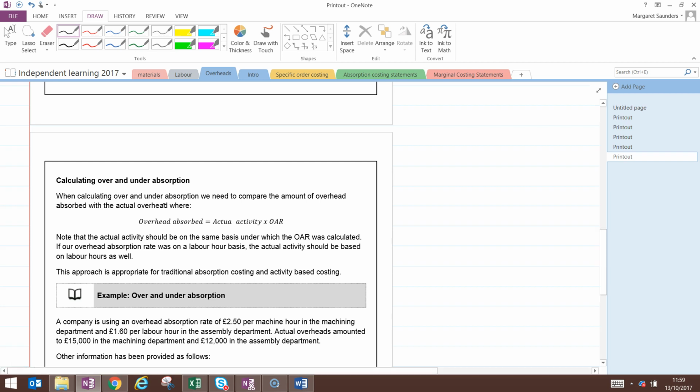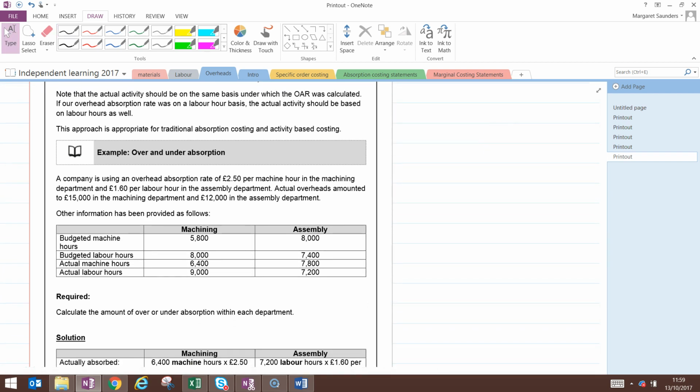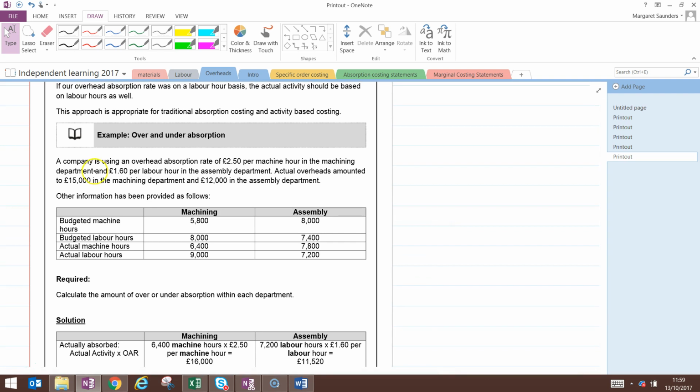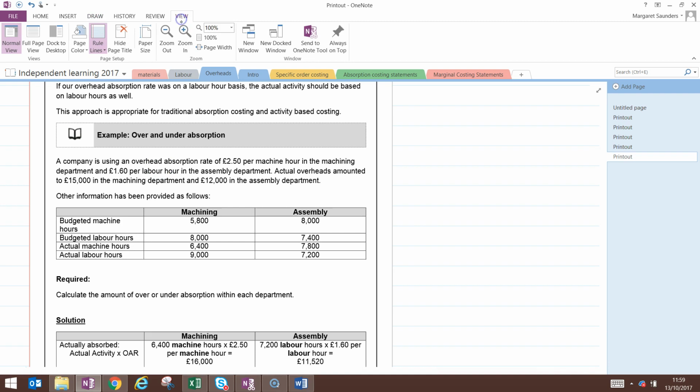So we'll have a look at an example. Here we have a company using an overhead absorption rate of £2.50 per machine hour in the machining department, and then there's another department where they've got an overhead absorption rate of £1.60 per labour hour, and that's in the assembly department.